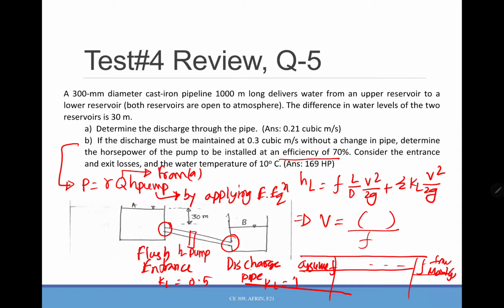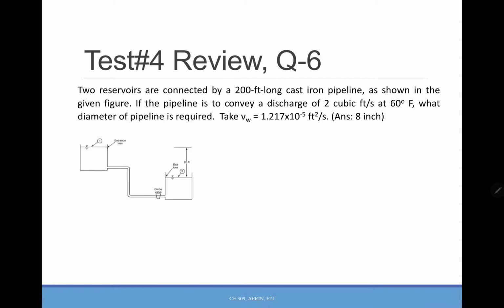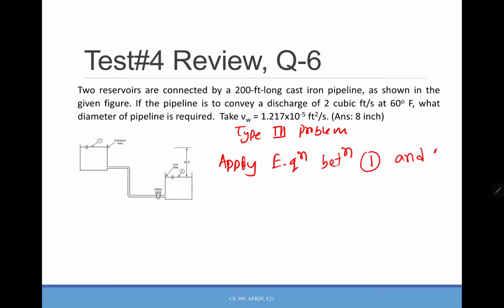Okay, now this one is two reservoirs connected by a long cast iron pipe. You know the Q, you don't know the diameter, so that is actually a design problem, or type 3 problem. So what you will do again is apply the energy equation between 1 and 2.